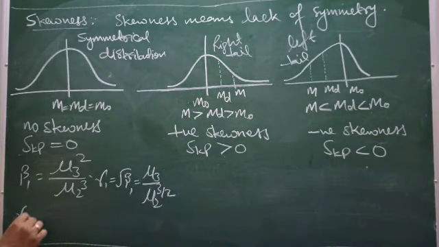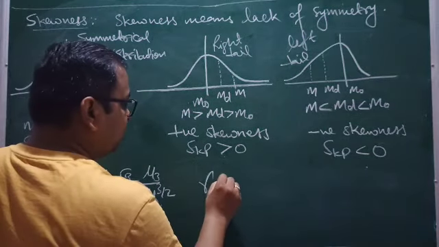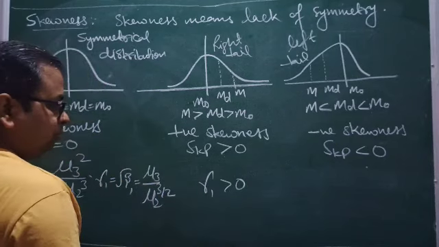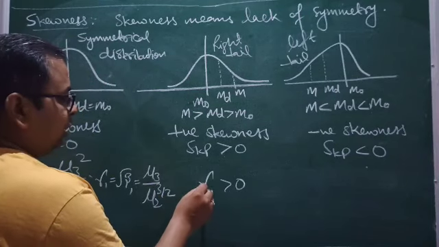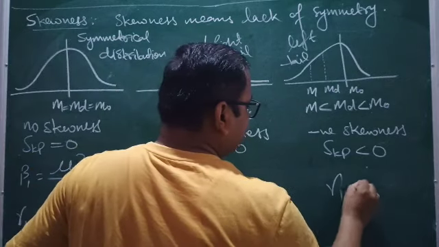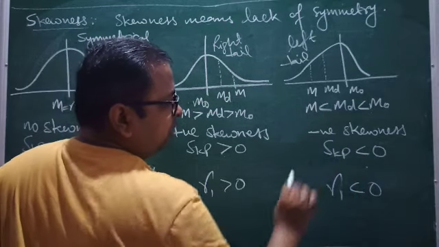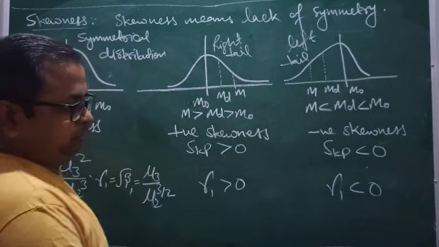If gamma 1 is equal to 0 with this formula, there is no skewness in the distribution. If gamma 1 is greater than 0, the distribution has positive skewness. If gamma 1 is less than 0, it means the distribution has negative skewness.